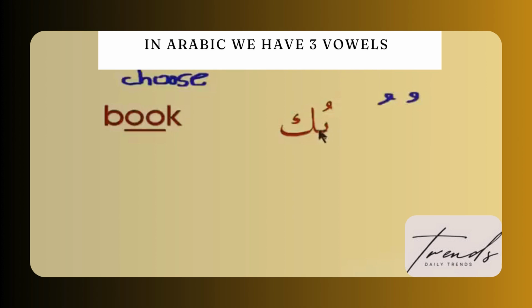We have here the ba with a dhamma, followed by the kaf, which has the K sound. So here it's pronounced as book. This letter alone with the dhamma would be bu. So book.